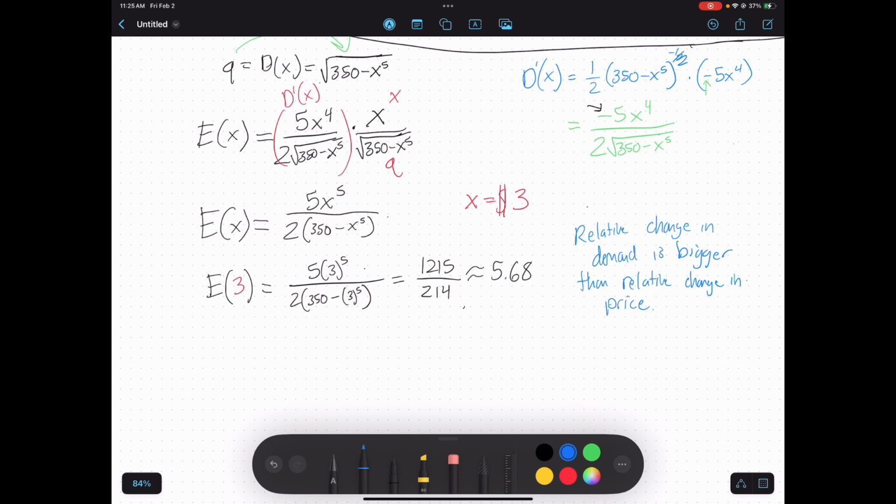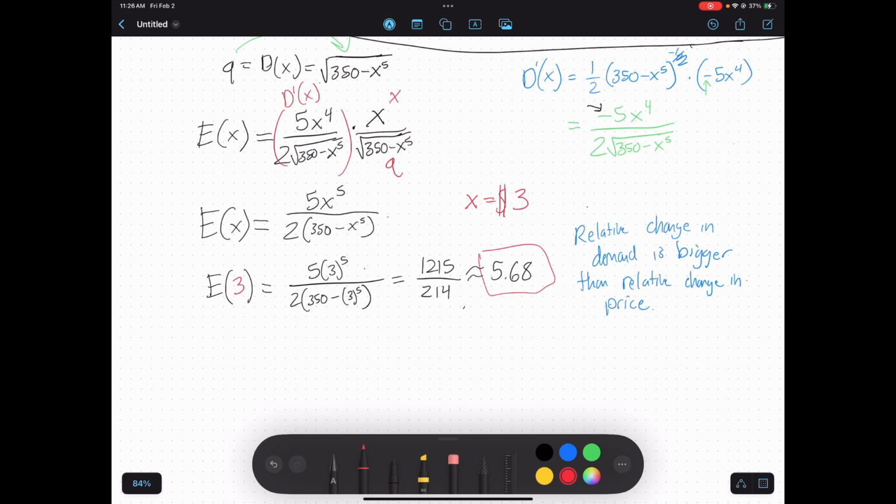If my relative change in demand is bigger than my relative change in price, what happens if we raise the price? If we raise the price by a certain amount, this elasticity tells me that my change in demand will be more significant than the change in price.